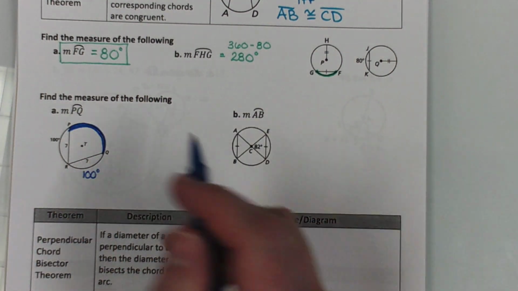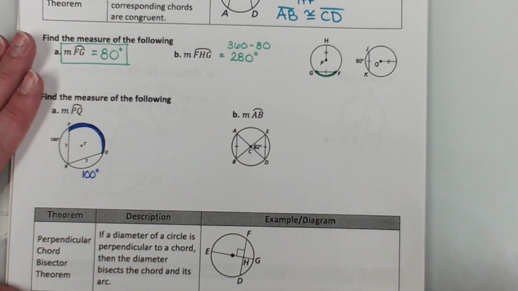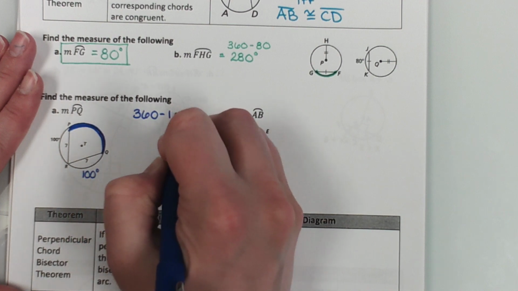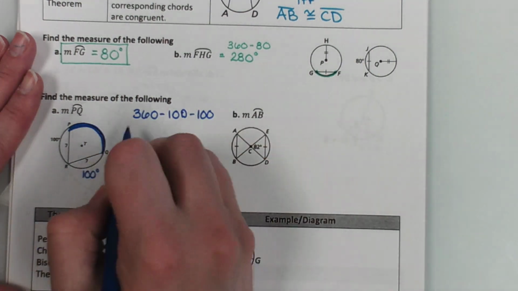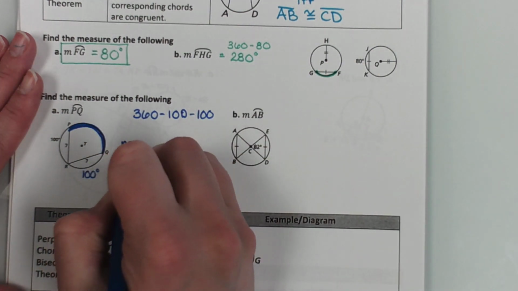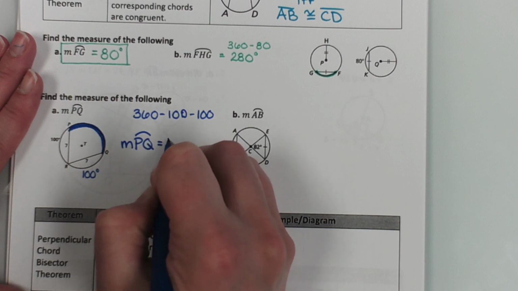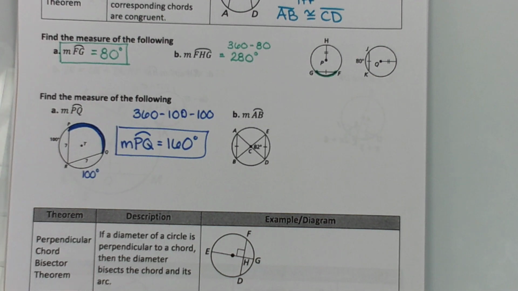Exactly. So, there are a pair of congruent chords here, therefore there are congruent arcs, and arcs of a circle still add up to 360. So 360 minus the 100 and the 100, which is where his 200 came from. Measure of arc PQ is indeed 160 degrees.